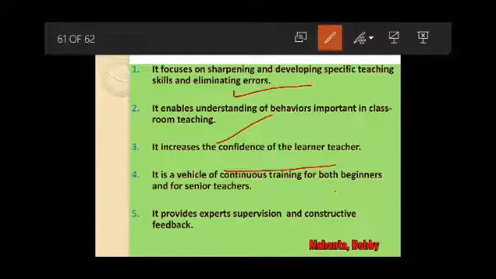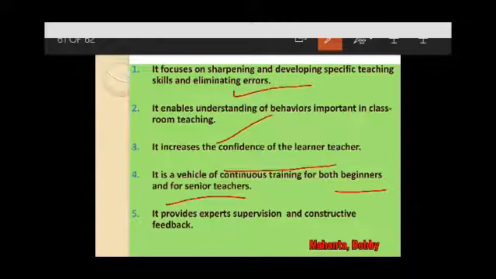As I said, micro teaching is meant for the in-service and the pre-service teachers. So it is both for the beginners and the teachers who are already in service. Clear? So it is very much desirable for them, because micro teaching aims in refining the skills in teaching.